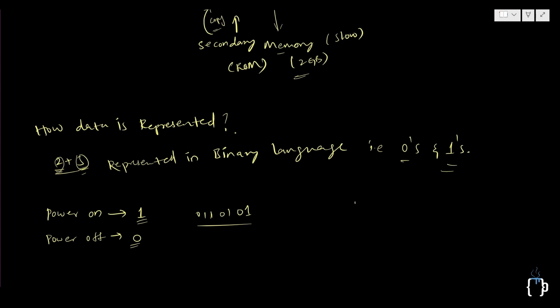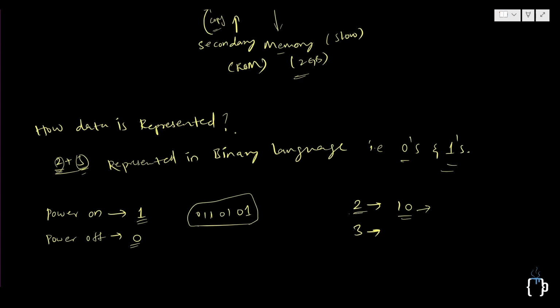Say 2 is represented as 1 0. When you send this 1 0 to the system, it understands it as 2. Like you turn the power on first and then off, then it understands it as 2. Likewise you can make it understand 3 using this series of zeros and ones.